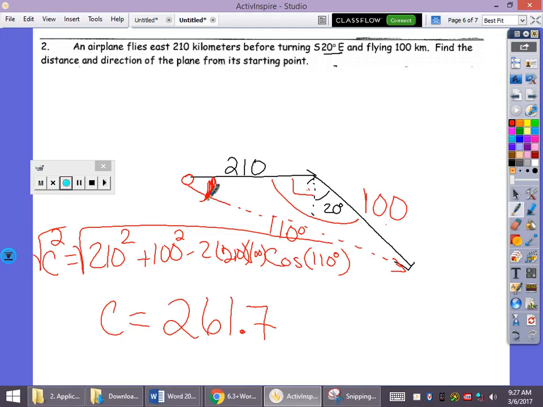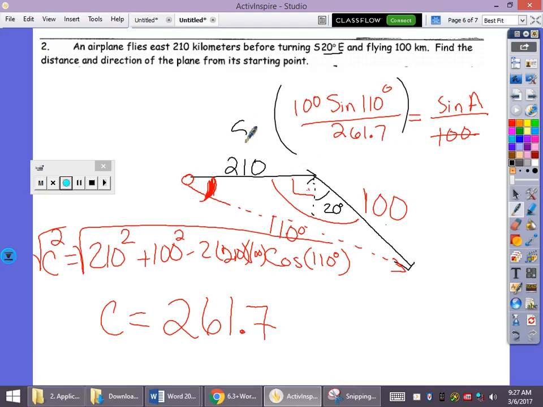Okay, I'm going to use the law of sines. So I know the sine of 110 goes with 261.7, and that is equal to sine of this angle who pairs with 100. So we're just going to call it A. So I would multiply this by 100. That gets rid of that. What gets rid of sine? Inverse sine.